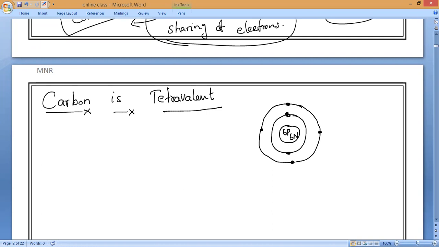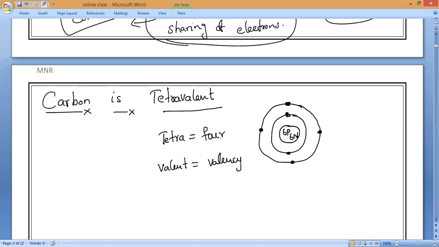If it wants to acquire the nearest stable inert gas electronic configuration, it needs to get 4 more electrons to become stable. That is why carbon always is tetravalent. As we all know, tetra means how many, guys? 4. And valent means valency, so valency is 4.